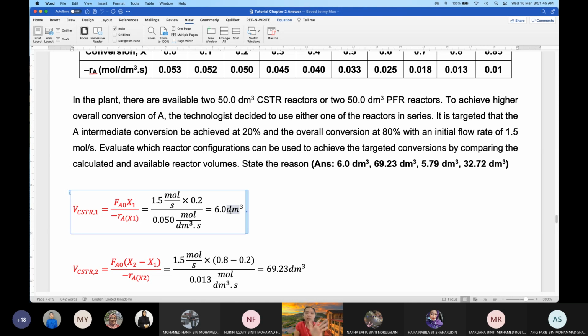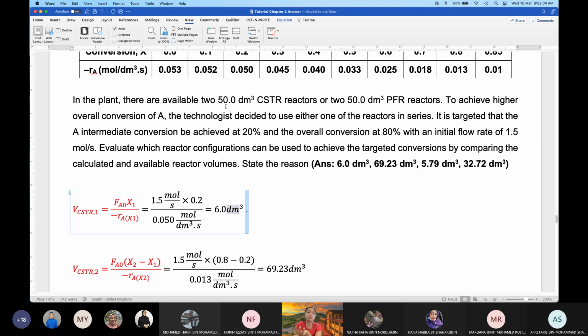So the first reactor, by right you can use the available one. However, for the second reactor, if you realize, you need at least 69.23 dm cube. Only then can you achieve 80%. But in my plant, the second CSTR volume is only 50.